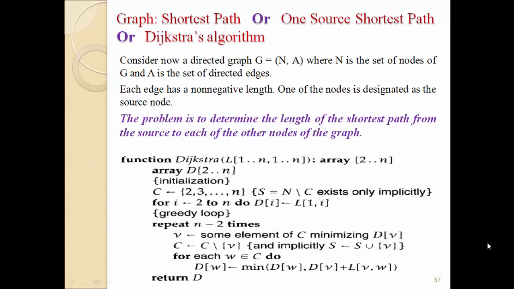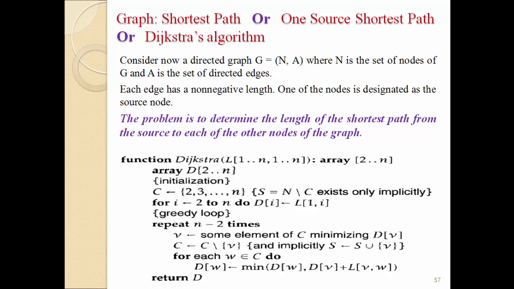Now what exactly is the problem? The problem is to determine the length of the shortest path from the source to each of the other nodes of the graph. There may be a number of nodes in the graph. As we discussed, we consider one node as the source node, and the problem is to find the shortest path from this source node to all the remaining nodes of the graph.